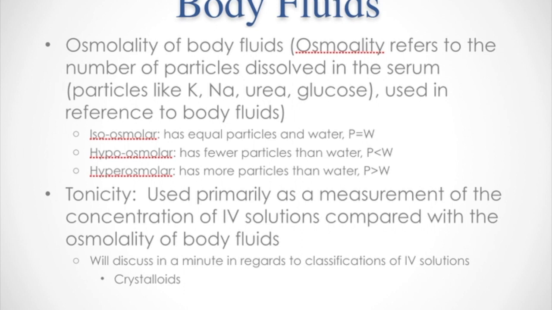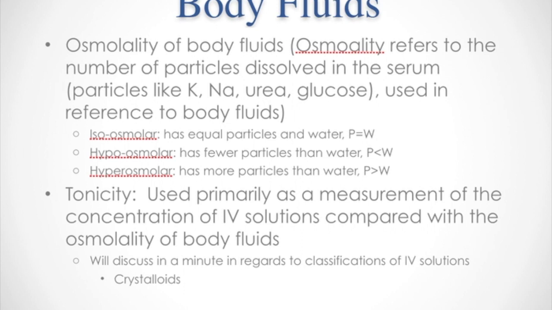Osmolality speaks to the body fluids, and that's basically the number of particles that are dissolved in the body's serum. And particles include things like potassium, sodium, urea, and glucose. And it's used in reference to body fluids. So there's isoosmolar, hypoosmolar, and hyperosmolar. And the definitions are listed on this slide.